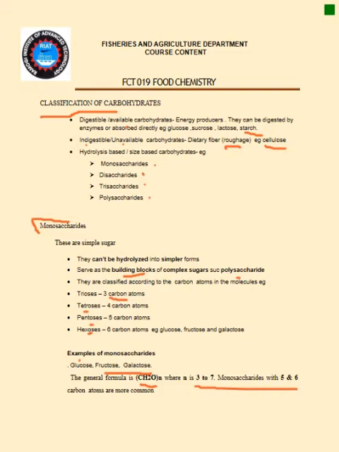The general formula for carbohydrate is (CH2O)n, where n is the number of carbon atoms, and the most common ones are those with 5 and 6 carbon atoms.